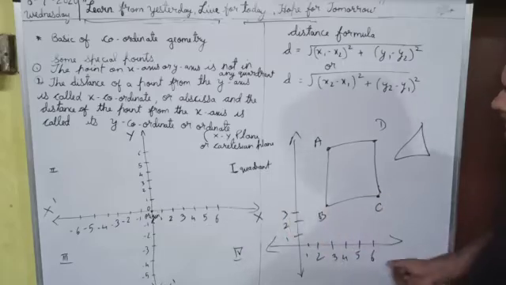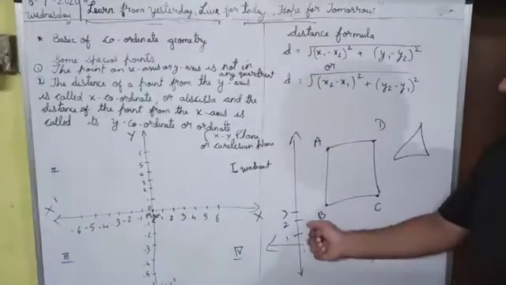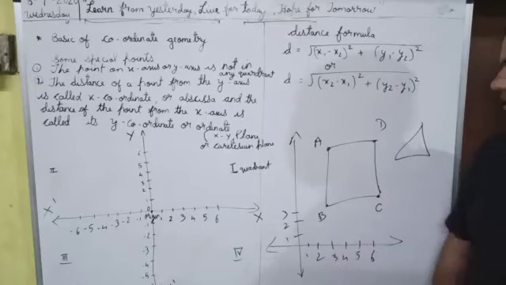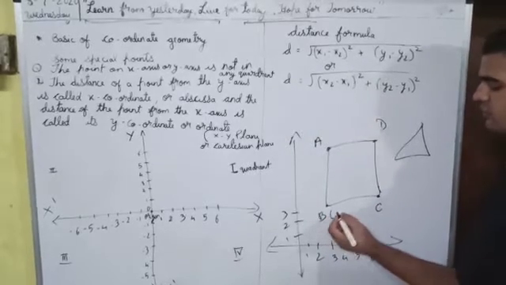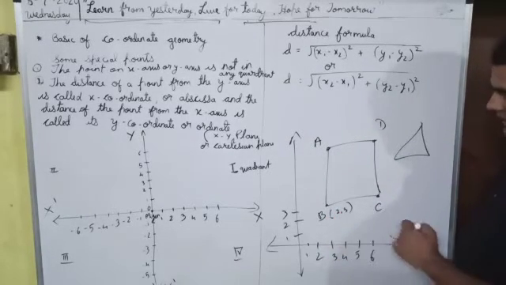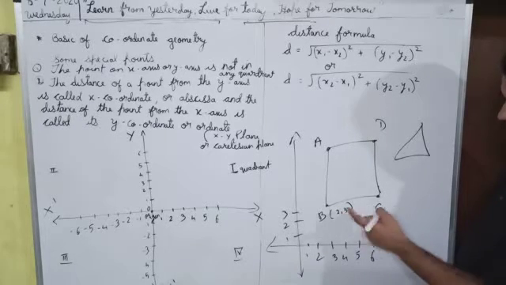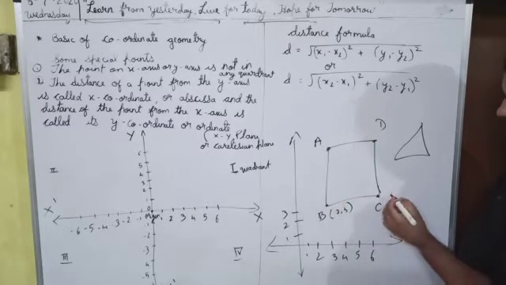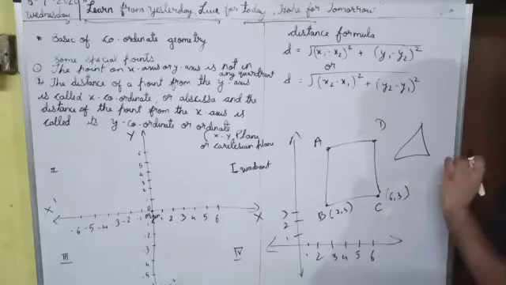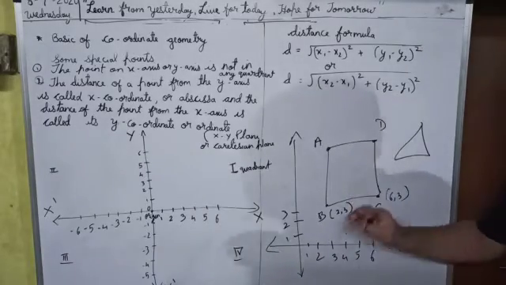So B, where x is 2 and y is 3, so B is 2 comma 3. Like that C, 6 and 3, so 6 comma 3. So I think you got why we are using the xy plane.